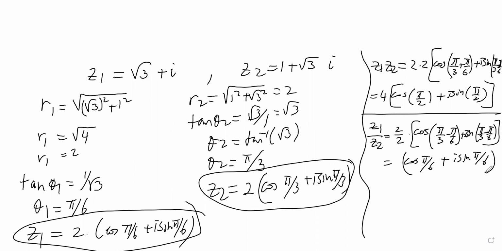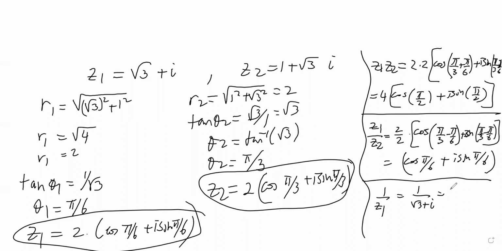That's that portion. And then the other question is 1 over z1. And 1 over z1, if you want to write that in polar form, then you really have to write this as 1 over square root of 3 plus I, which you can multiply top and bottom by the conjugate and then do it.